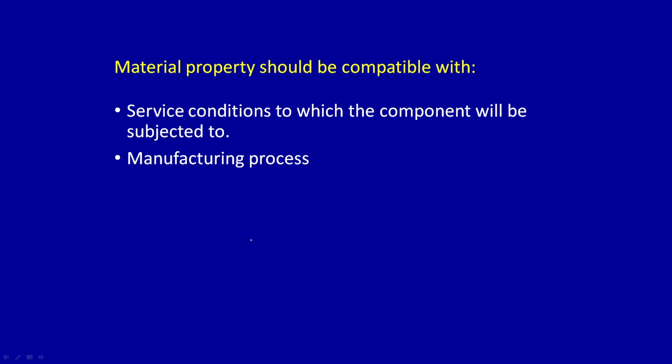So, therefore, selection of material will depend on the properties which will allow you to match its properties with the service conditions, as well as the manufacturing process you adopt to make them, because if you cannot make them with any manufacturing process, then it is not of use. I will talk about it, maybe not today, but next lecture.